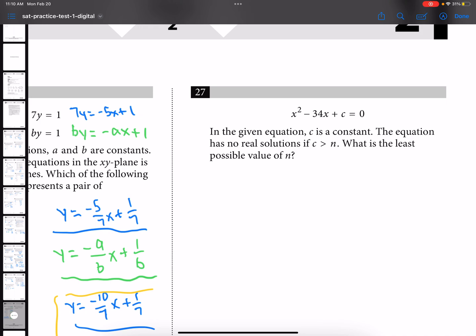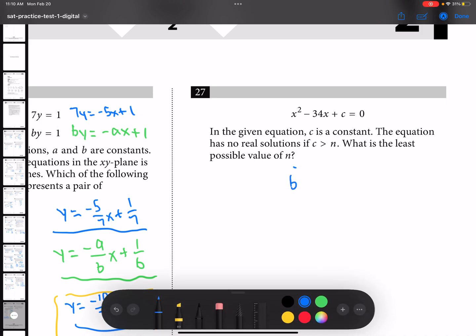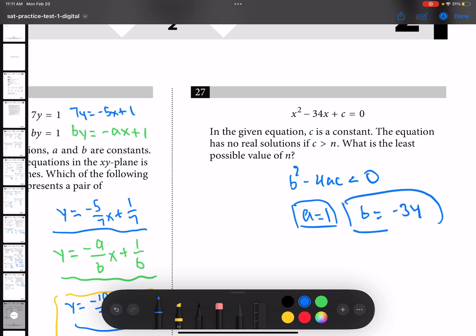And since there are no real solutions, we know that b squared minus 4ac is less than 0 because there are no real solutions. Now, in the given equation, a is equal to 1 and b is equal to negative 34. And we don't know what c is.